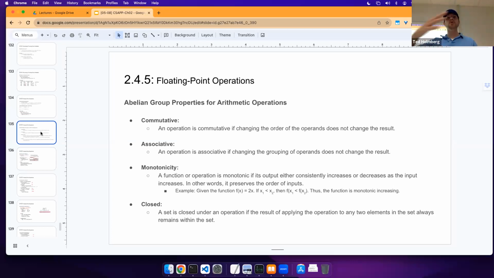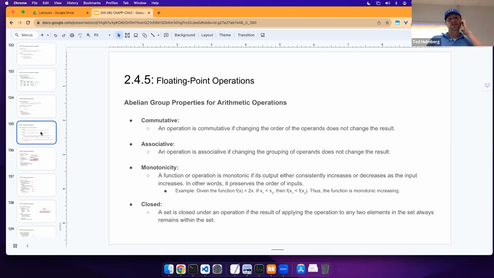You can have more than one operand, and you can change the order in which you do your operations. So this is like saying 1 plus 2 plus 3 is the same as moving the parentheses. You could process one set of operands in any order and it still produces the same result. If that's the case, it's associative.